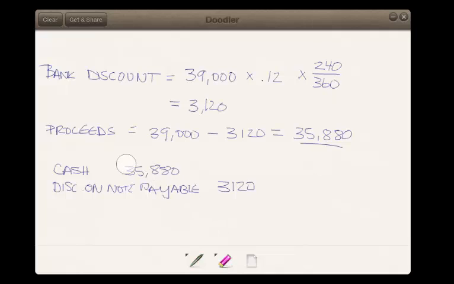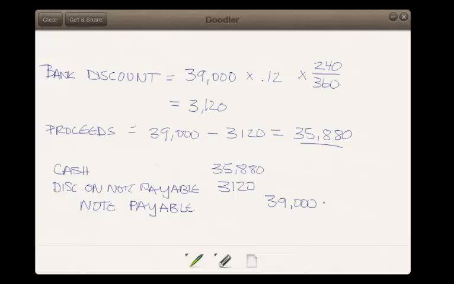I'm going to fix the formatting of my debits and credits here, the account names are long. Okay, and finally we have a note payable, which is a liability, and the amount of the note payable is $39,000.